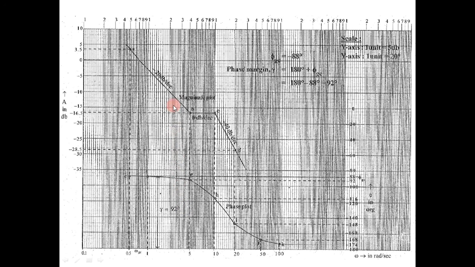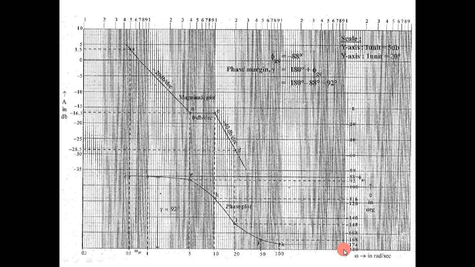And next, we have to find the gain margin. Since this phase plot does not touch the minus 180 degrees line, we can't get the phase crossover frequency omega pc.